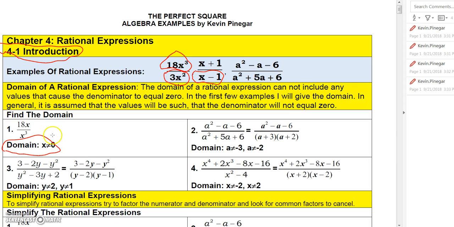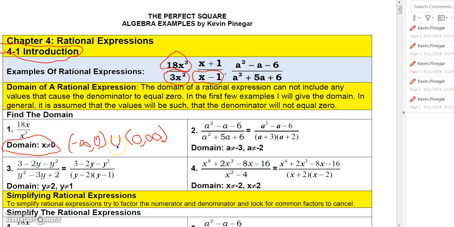Now let me show you another way that the domain might be written, but I'm not going to do this on every one of these. Here is another way the domain might be written, in interval notation. If I wanted to write this x can't be 0 in interval notation, I would say the domain is everything to the left of 0, which would be negative infinity to 0, plus everything to the right of 0, which would be 0 to infinity.